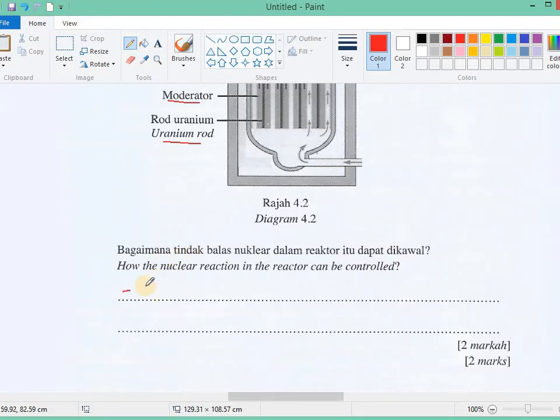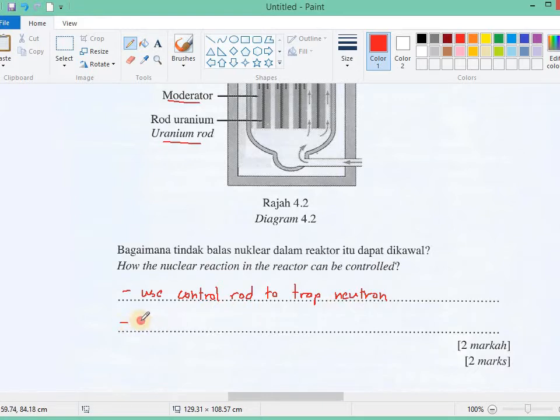So the first thing that we say is use control rod to trap neutron.